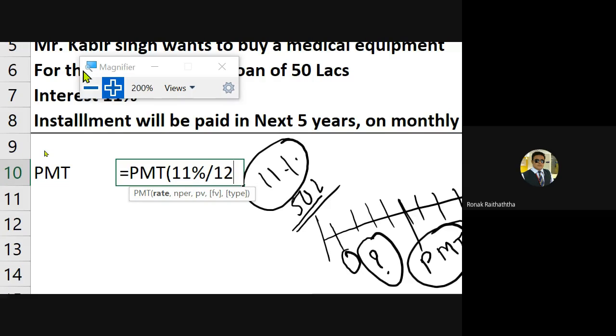Please put it in the back of your mind that the compounding frequency you have, rate must be divided by frequency, and number of periods must be multiplied by frequency. As simple as that.